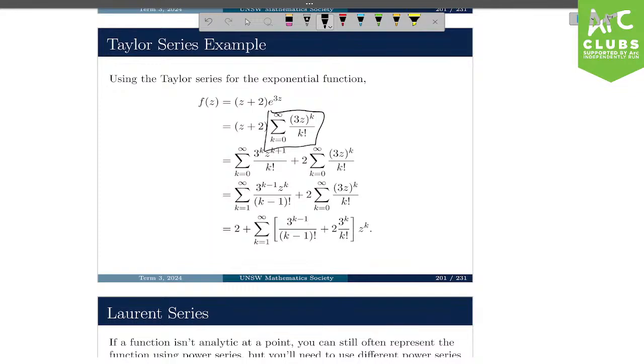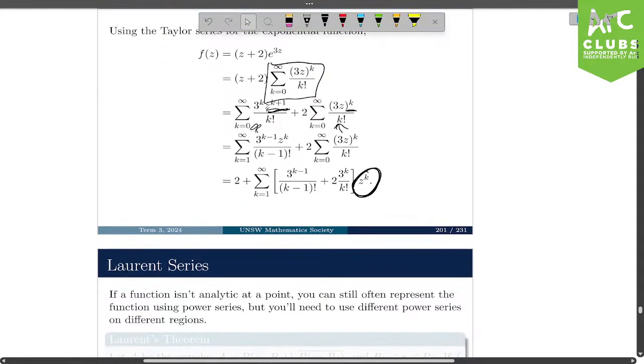And yeah, push a z into this one, push 2 into this one, and then we are very happy. We do a little bit of refactoring just because we want to group up all of our z's of the same power. And so we want z on the outside, we manipulate it so. Okay? Fantastic.